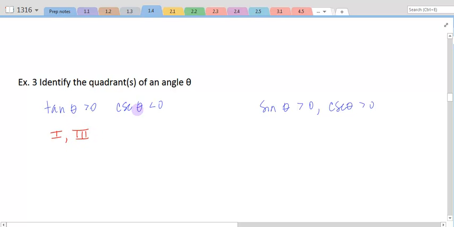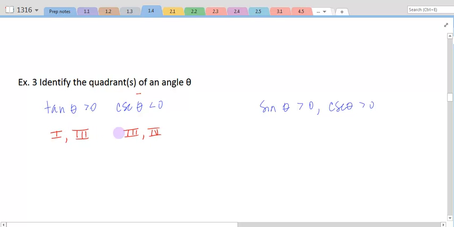The second criteria says cosecant of theta is less than 0, in other words, negative. Where is cosecant negative? Cosecant, which is the reciprocal of sine, would be negative in quadrants 3 and 4.